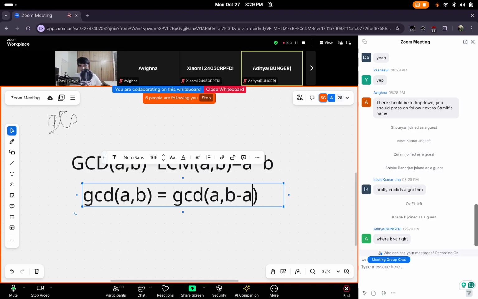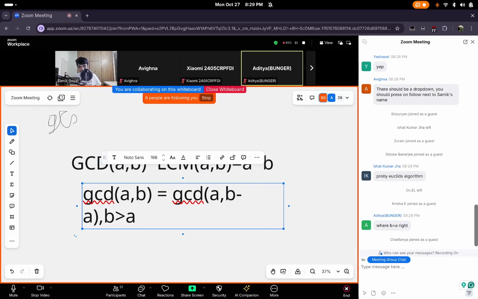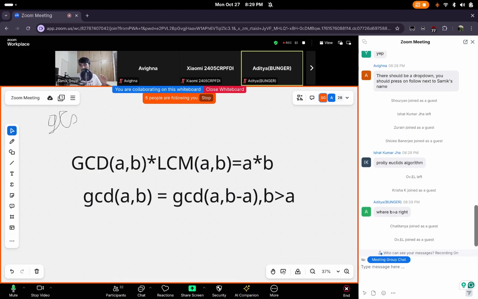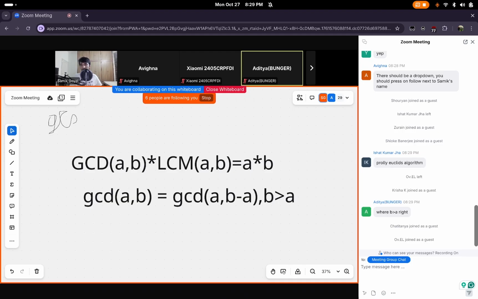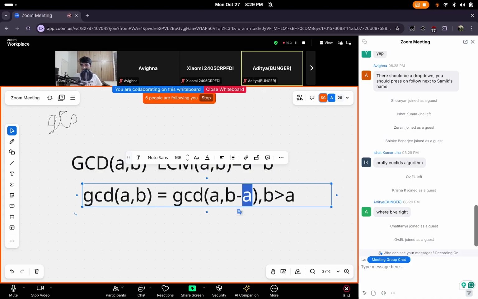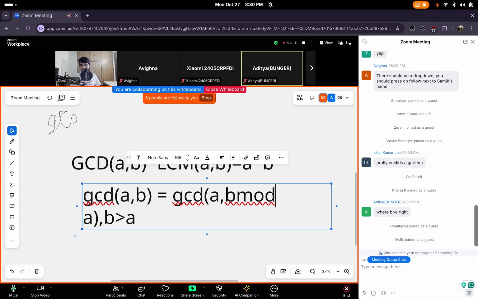Let me just specify that. This allows us to calculate GCD for really, really huge numbers, because what you can effectively do is, instead of subtracting A from B, you can use a mod here.